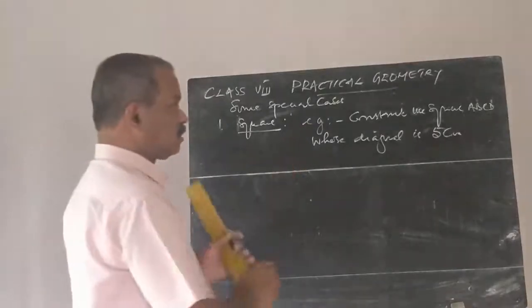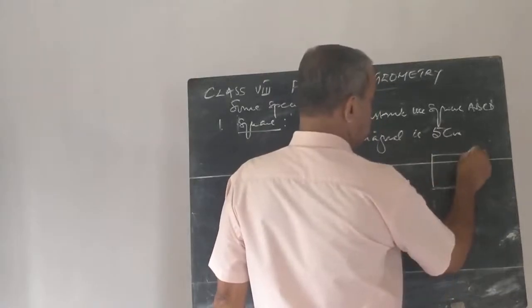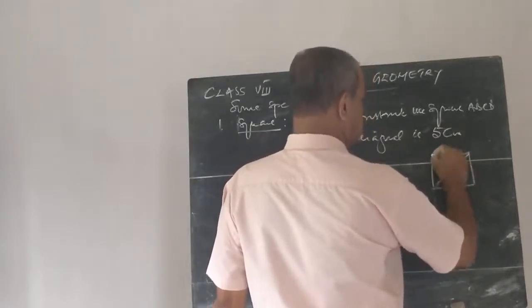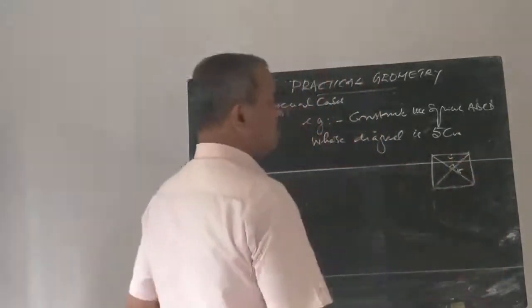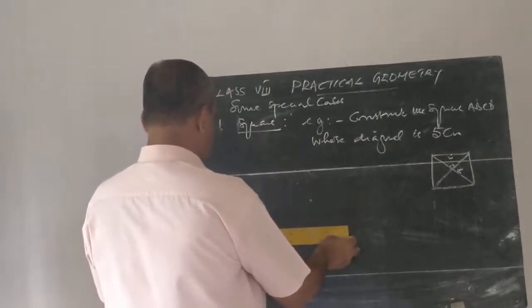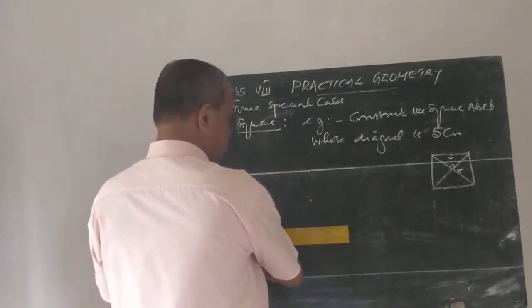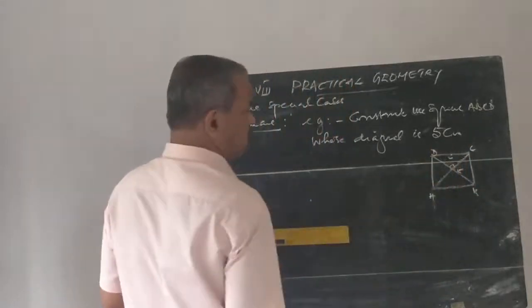So, how can we construct this? First, a rough figure. Diagonal 5, so this diagonal also 5. Now we can construct the square ABCD with AC 5 centimeter.